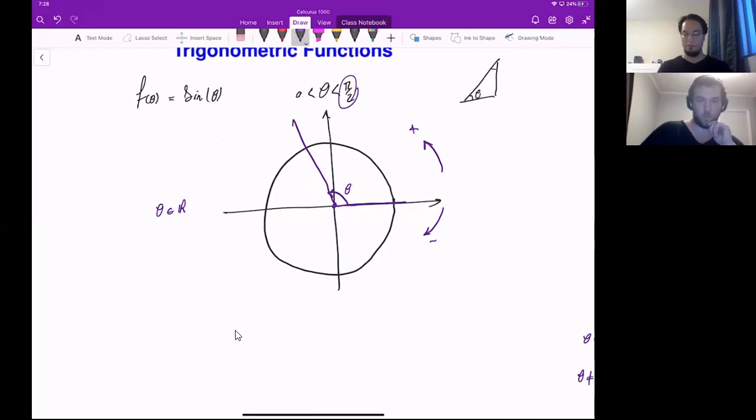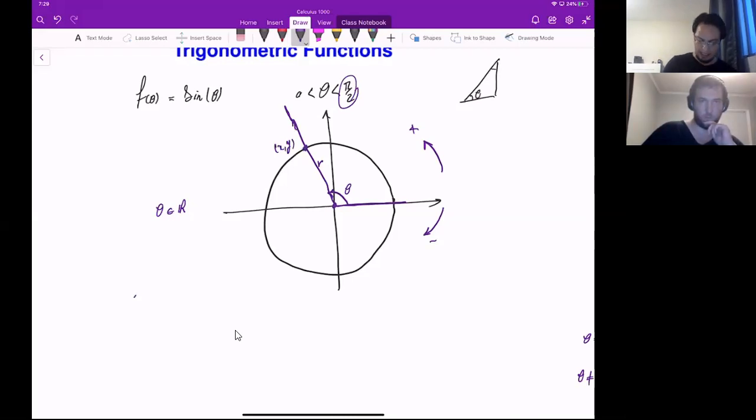It is very simple. Every angle you draw, you have exactly one point, which is the intersection of the free side of the angle and the circle. Let's say the circle has radius r, and that point has two components, x and y.